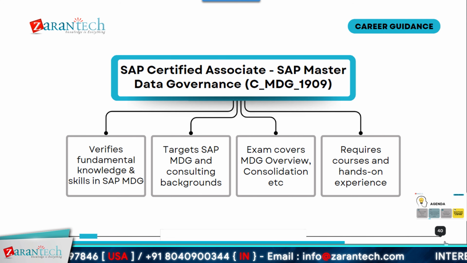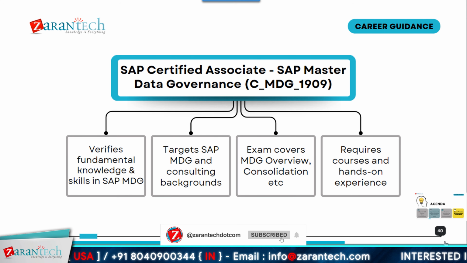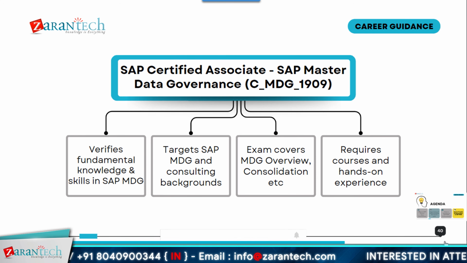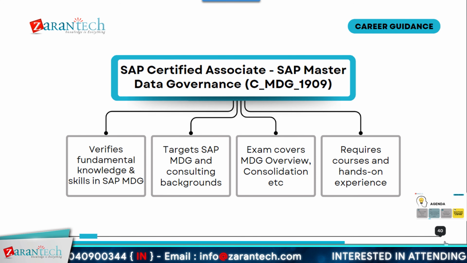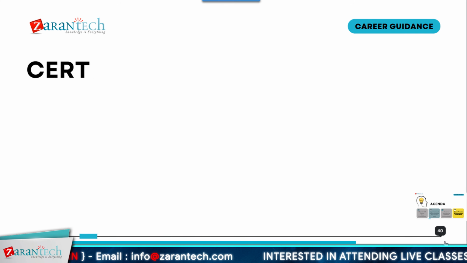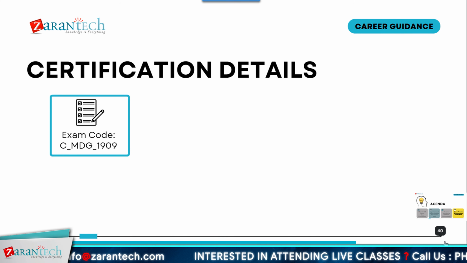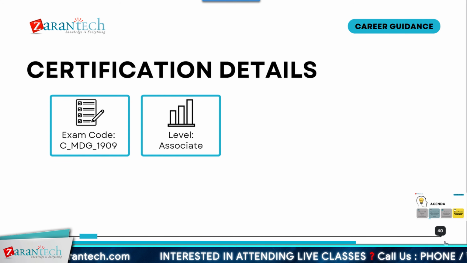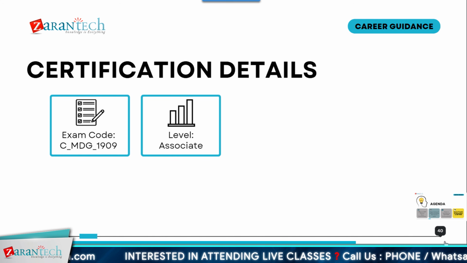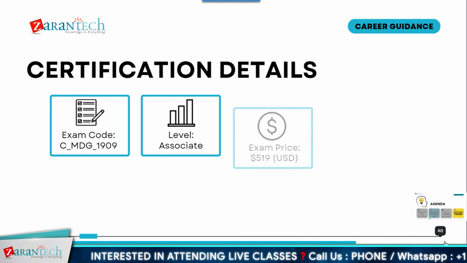Equip yourself for this challenge through a blend of SAP education courses and real-world experience. Courses like MDG 100 and MDG 200 provide a tailored S/4HANA 1905 learning environment to hone your skills. So here is what you need to know about the exam. The exam code is C_MDG_1909, and the level of the examination is associate level.